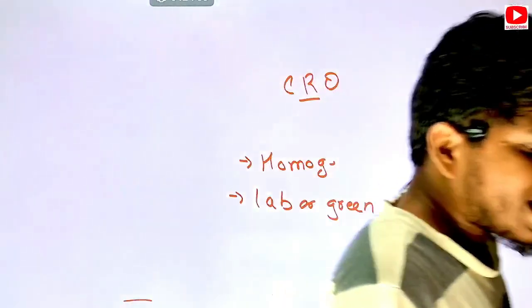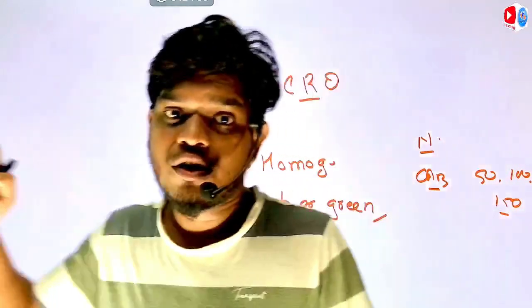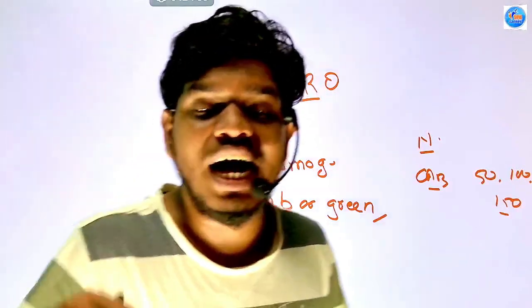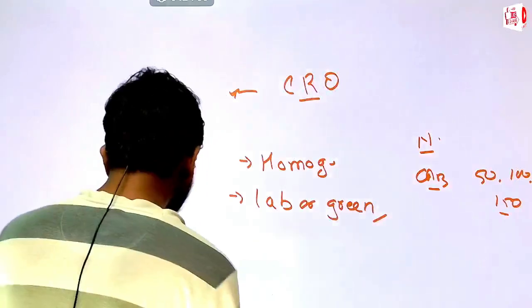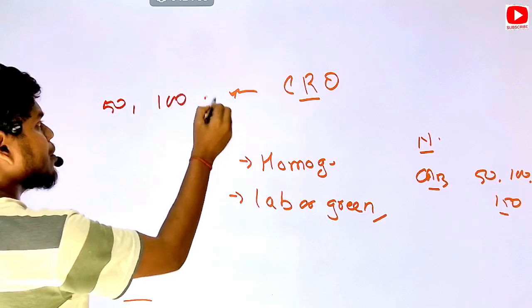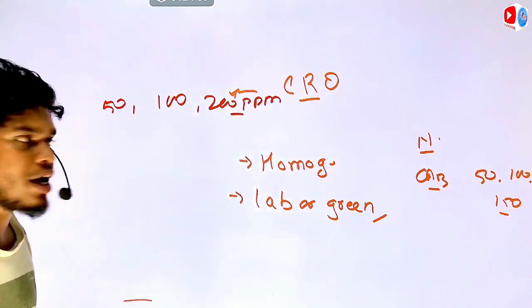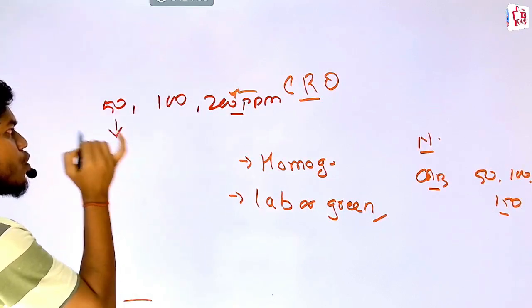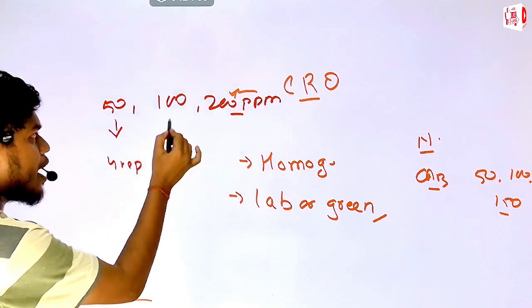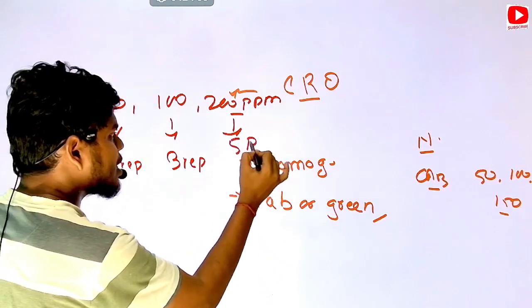The first merit is that when our field is homogeneous, then we use CRD. If our replication is unequal, for example, GA3 at 50 ppm, 100 ppm and 200 ppm, and I want to replicate 50 ppm into 4 replications, 100 ppm into 3 replications, 200 ppm into 5 replications.